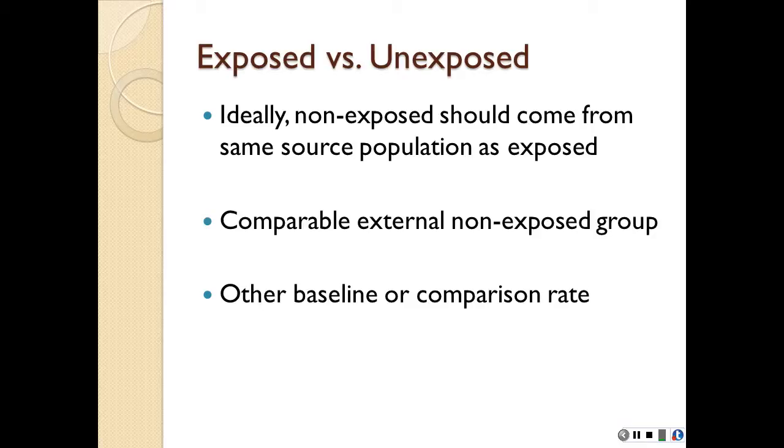We start at the beginning and follow to see who develops the disease. The unexposed people tell us how many people would have developed the disease regardless of exposure status, because those people weren't exposed. So what's the baseline rate of disease in the unexposed population? Then we compare that, and we want to see if the people that are exposed have a higher rate of disease. So we want them all to come from the same source group of people.